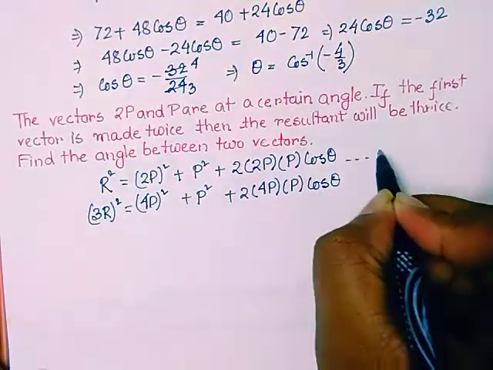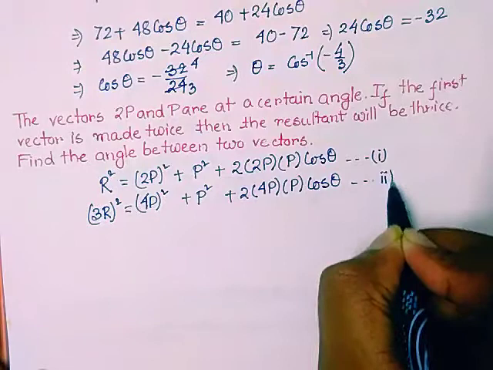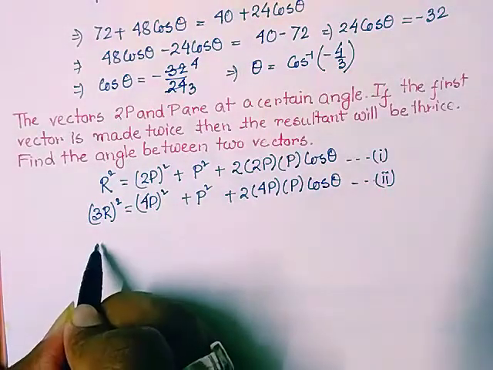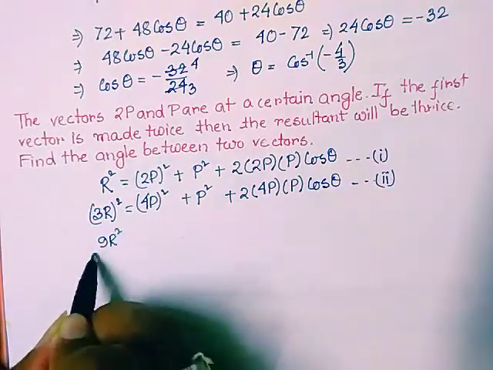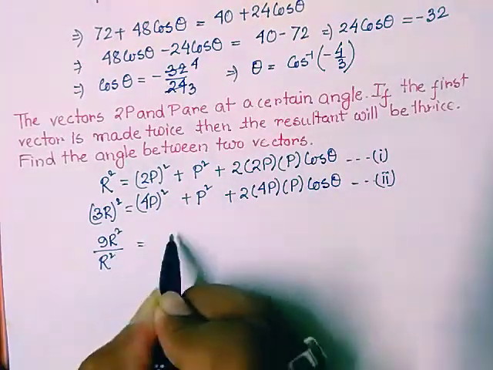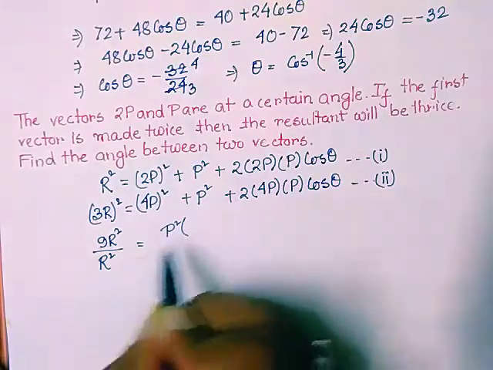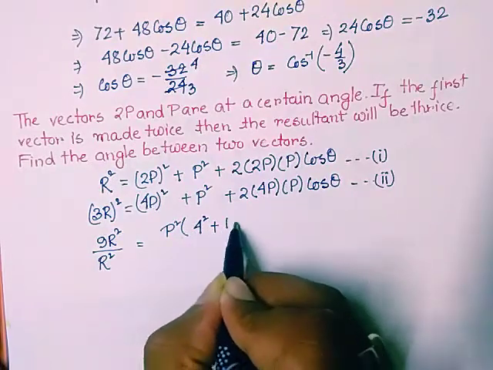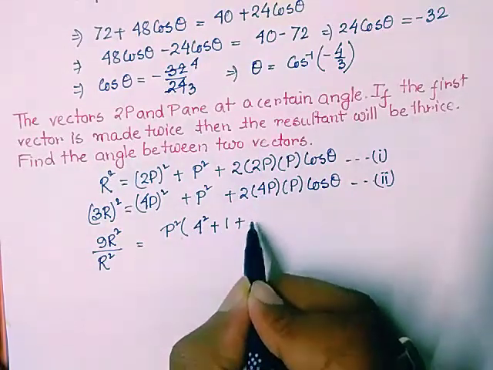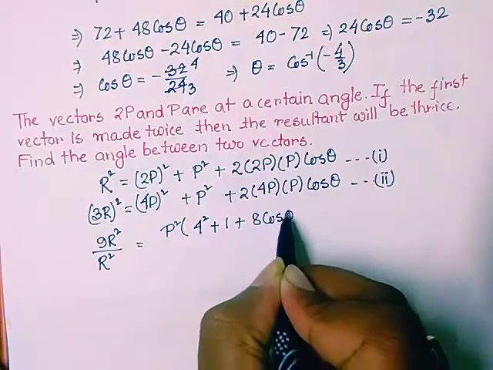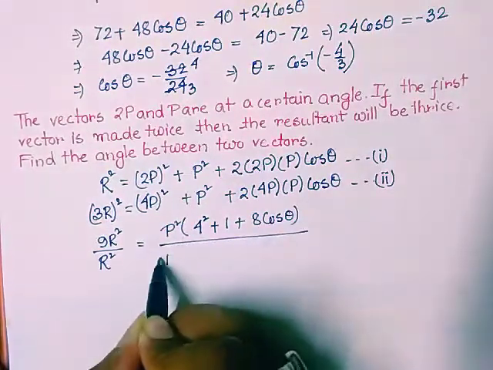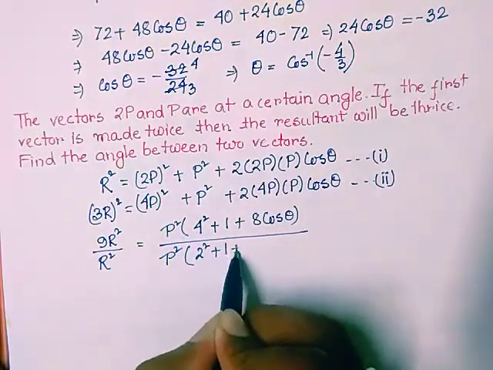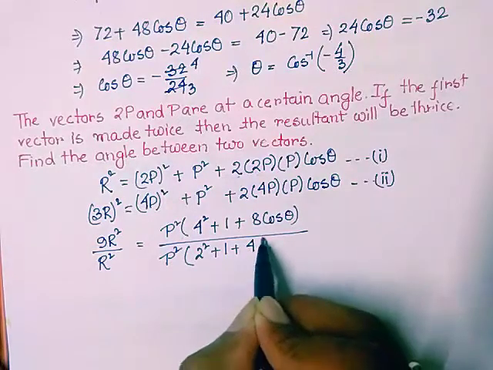So similarly, just like before, if I take the ratio of the resultants, because here we need the angle between these two, it will be 9r square divided by r square. If I take p square common, it will be 4 square, that is 16. Here is 1, 2 into 4 is 8, so it is 8 cos theta. Divided by p square, 2 square plus 1, 2 into 2 is 4, 4 cos theta.